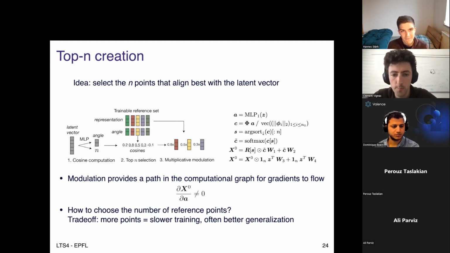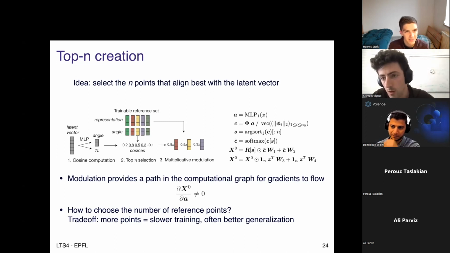Okay. So as I wrote below, there is a trade-off there. You can choose the size of the reference set that you want. It's a hyperparameter. It has to be, of course, at least the maximal size in the dataset. But apart from this, you are free to choose it. What I observed is that if you have many points in the reference set, then each point is going to be selected less often.